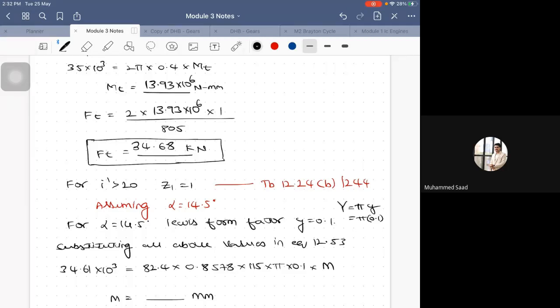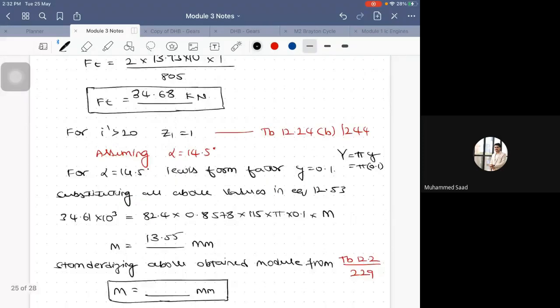The module is 13.55. Now standardize this using table number 12.2 and give me the value. 16. Everyone is agreeing upon 16, because when standardizing the value, everyone should agree upon the same value.